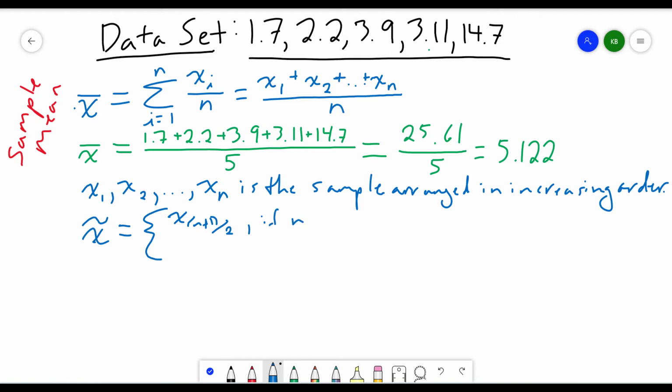if n is odd, sorry about the terrible handwriting here.